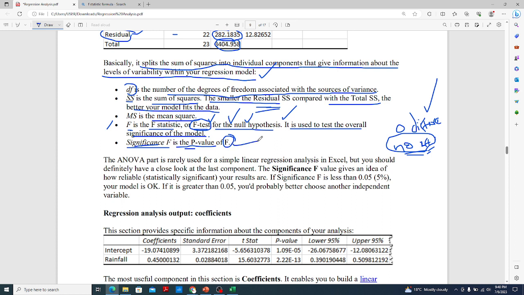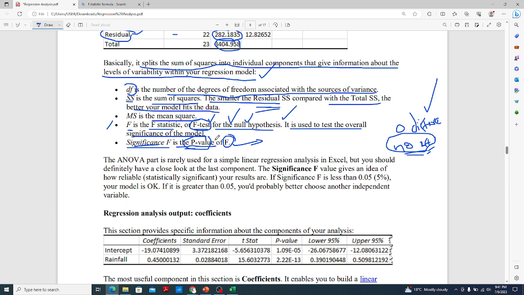And what is a p-value? Basically, a p-value is a kind of probability, and it assumes that there is no difference in your study.